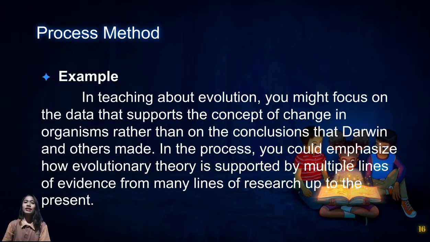Example: in teaching about evolution, you might focus on the data that supports the concept of change in organisms, rather than on the conclusions that Darwin and others made. In the process, you could emphasize how evolutionary theory is supported by multiple lines of evidence from many lines of research up to the present. That is being explicit.